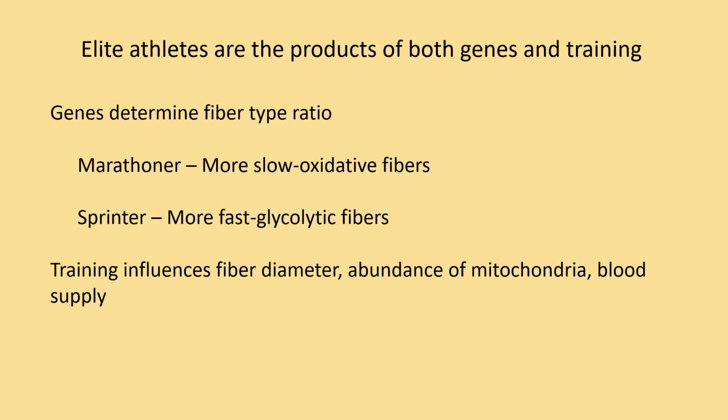A marathoner is an endurance athlete, and a sprinter is a burst power athlete. So in the muscles of a marathoner, we find a much higher proportion of SO fibers relative to the other two muscle fiber types. And in the muscles of a sprinter, we find a higher proportion of FG fibers relative to the other two fiber types.